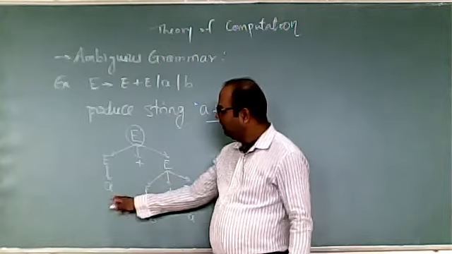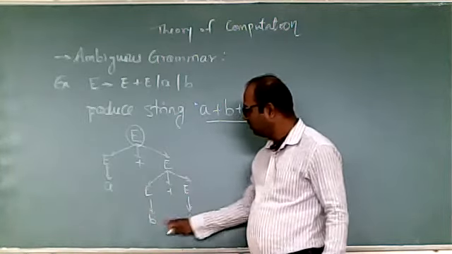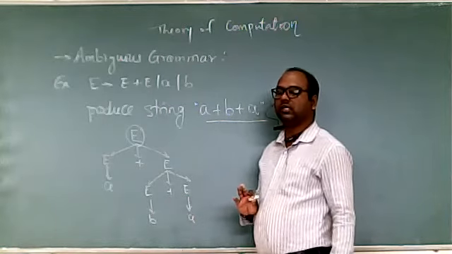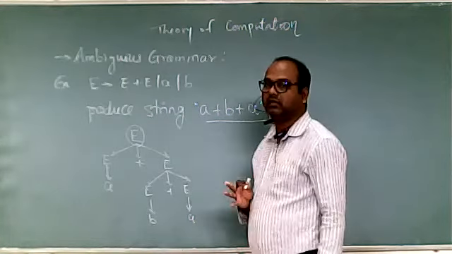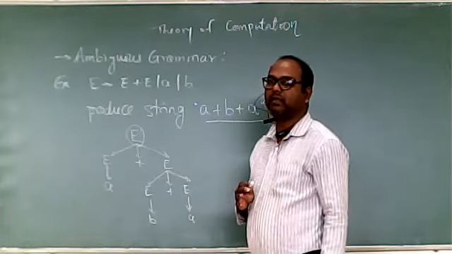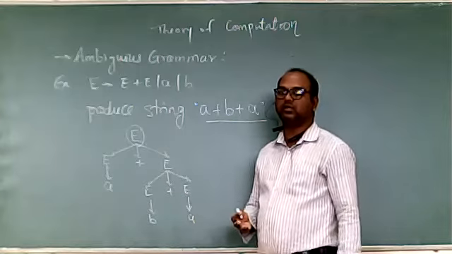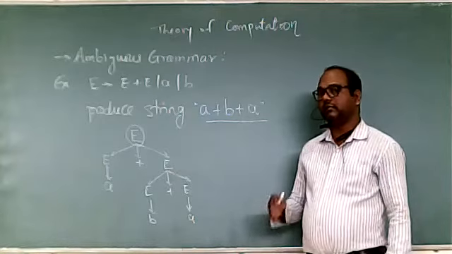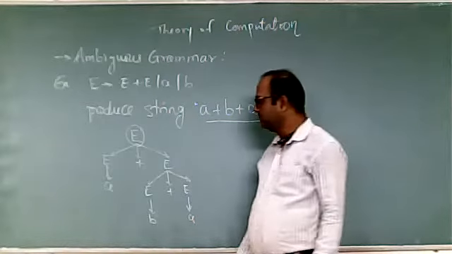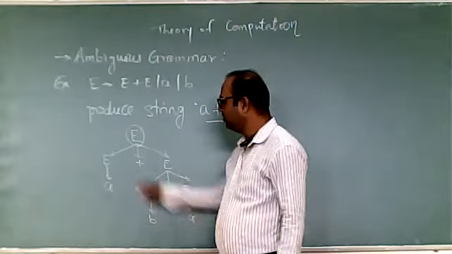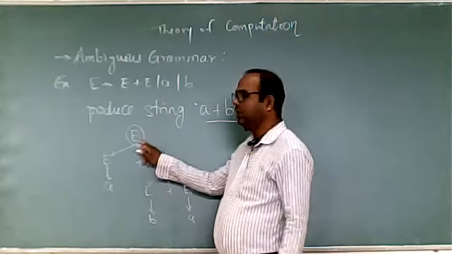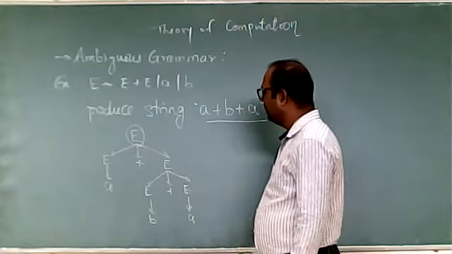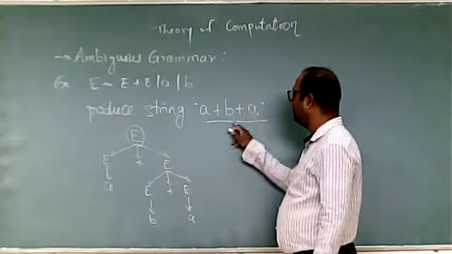Next, all the leaf nodes are always the terminals. These three things are very important for the parse tree. Maybe in the objective MCQ, because now the university is possibly going to conduct MCQ exams, you must remember these terminologies. Terminals are always the leaf nodes, intermediate nodes are the variables, and the root is always the starting variable. So this is one way I am generating this string A plus B plus A.